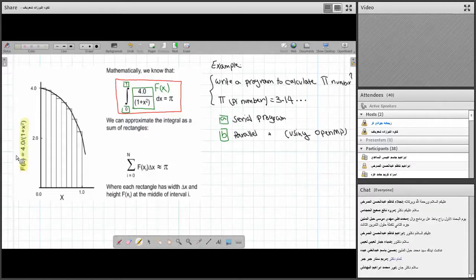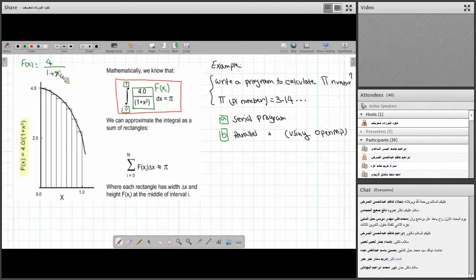This is the f(x) function: 4 over 1 plus x². This is f of x.